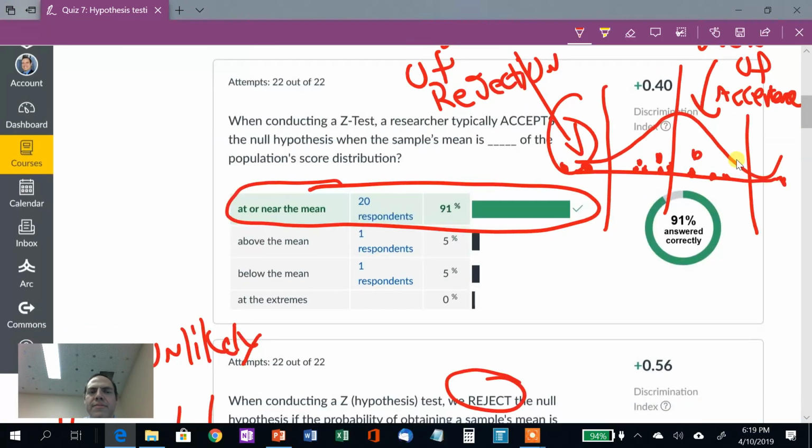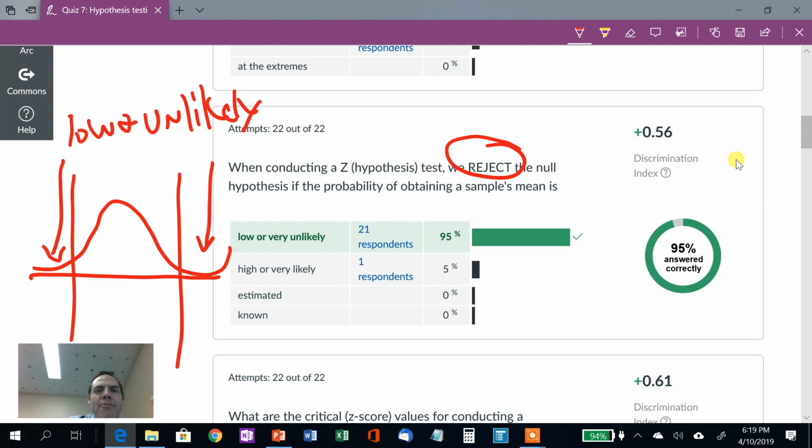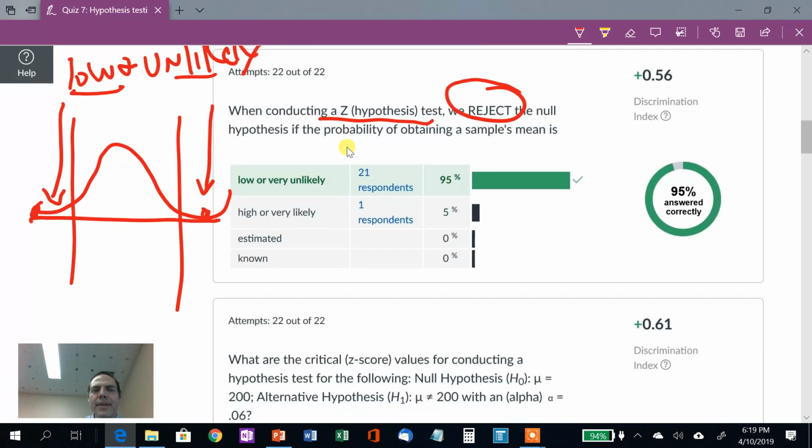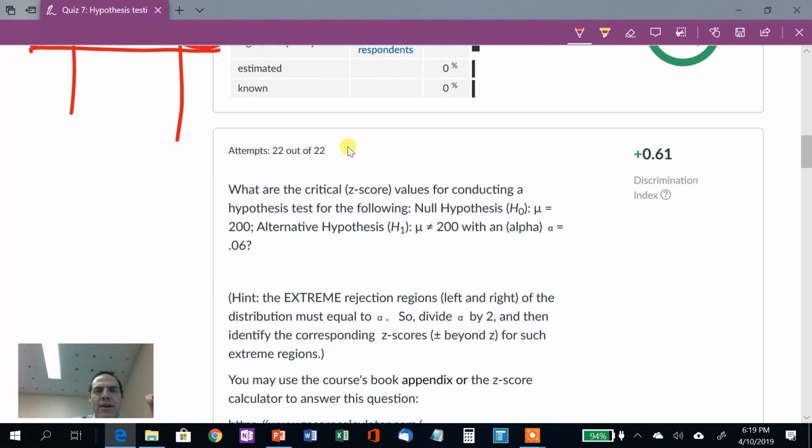Then, when you get a sample that falls here, the likelihood of these samples falling at the extremes is low and unlikely, so that's why you reject the null hypothesis when obtaining such a sample is low and unlikely. Okay, moving on.